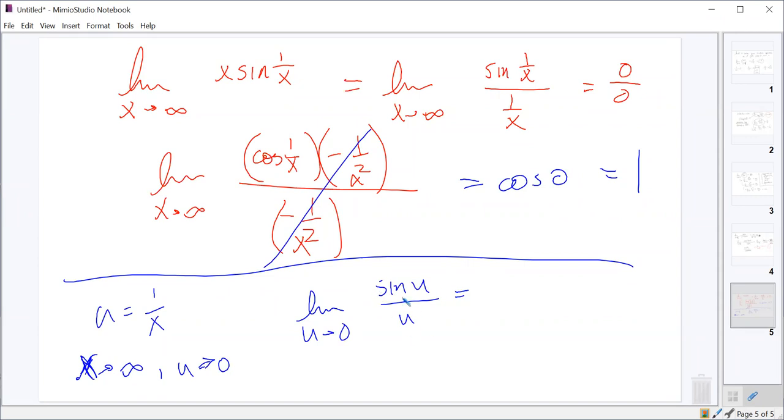That's a known limit that we should have memorized. We know that one's just 1. Even though it's 0 over 0, we've proven a couple different ways that that's 1. One way is to take the derivative of the top and the derivative of the bottom and get cosine u over 1. But this is one of the limits that you should just know. Everybody good with that?